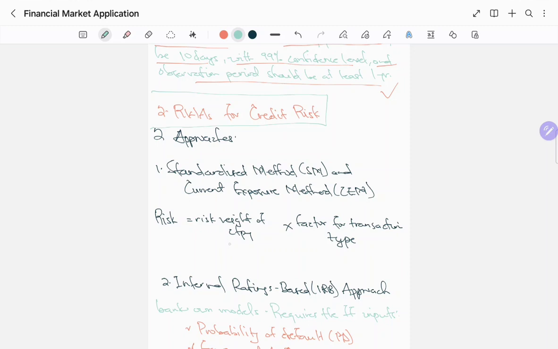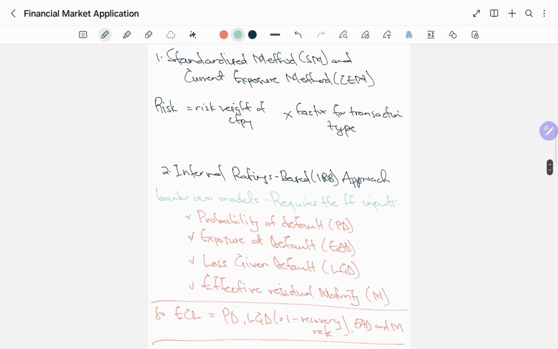So each counterparty would have a risk weight, and then you multiply by the type of transaction, because if you are just selling dollars to somebody, the exposure is different from giving a mortgage. So it will be the risk weight of the counterparty multiplied by the factor for the transaction type.